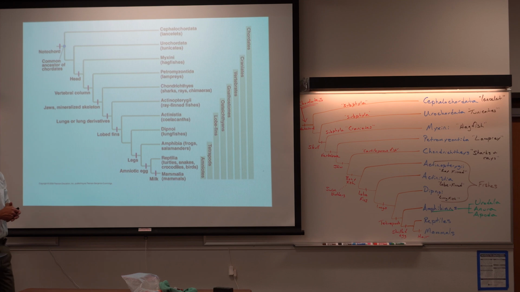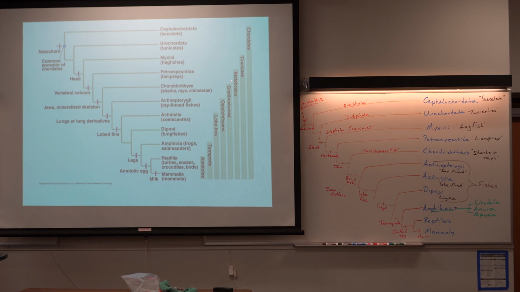If I can just go to this picture, here's a clade of the Craniates. We can see that all of the vertebrates have a cranium. So here we can see the clade of Craniates. If you have a skull, you're part of this clade of the Craniates. And nested inside the Craniates are the other clades.